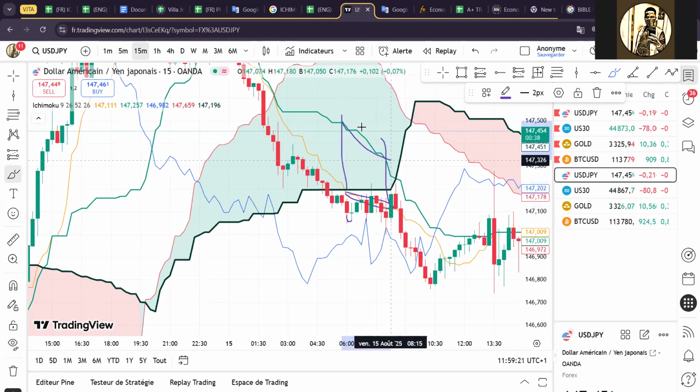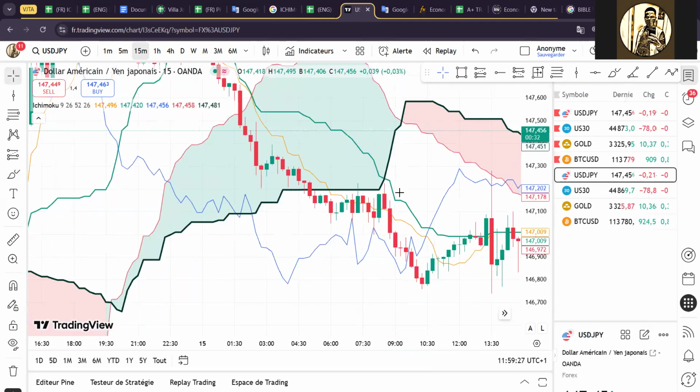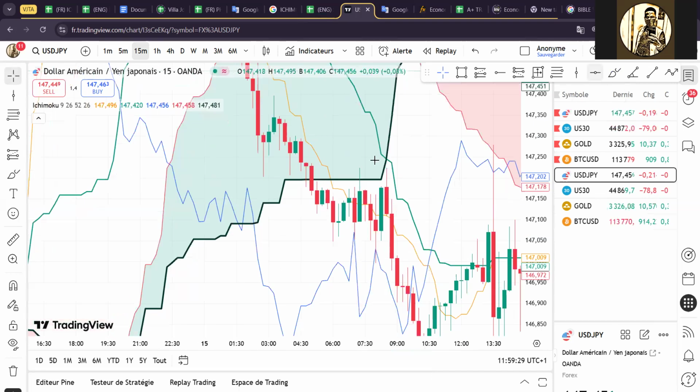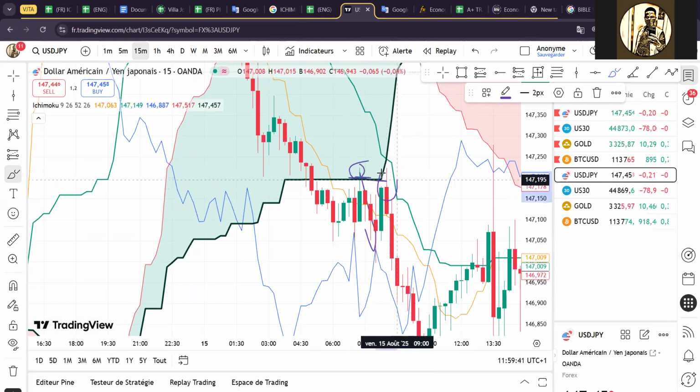And it happens often. So how do you know whether to buy or sell when you have this type of movement? You will always sell the continuity of this Tenkan-Kijun cross orientation. When candles come and touch SSB, then you can sell. Each candle that touches SSB, you can sell, right?